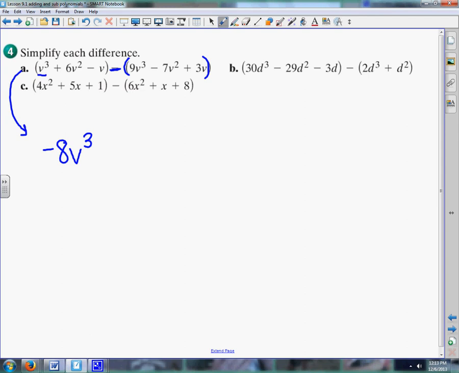And then if I have 6v squared, I would minus a negative, so that would be plus. So 6 plus 7 is 13v squared. And then I have negative v minus 3v, because I have to distribute that negative sign to all 3 things. So negative v minus 3v is negative 4v. So try B and C.